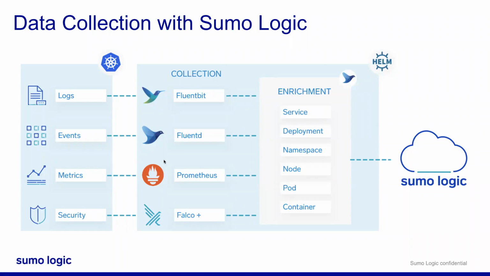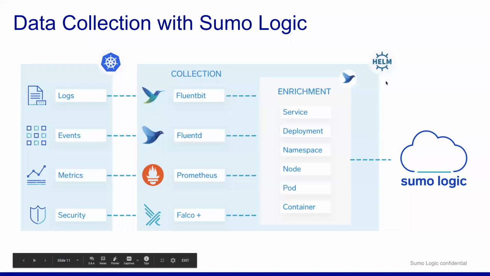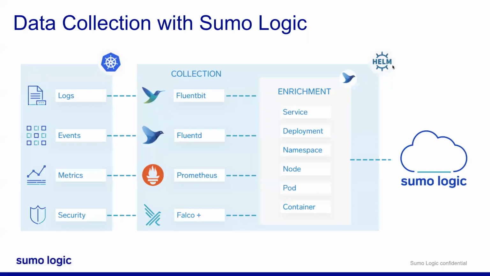And then all of this collection is deployed via a Helm chart, which means that you can literally deploy it with one line to the cluster. Everything gets pulled down and deployed automatically. And we actually have a Terraform provider which sets up the Sumo Logic side of it as well.